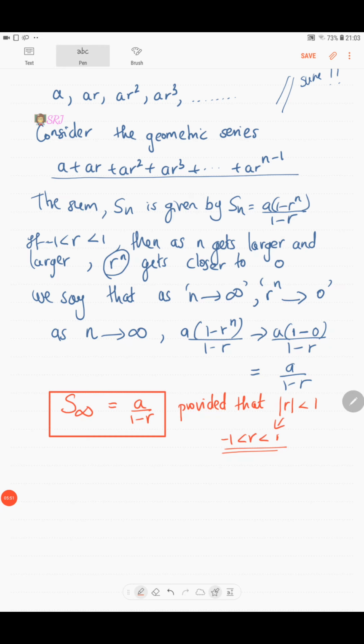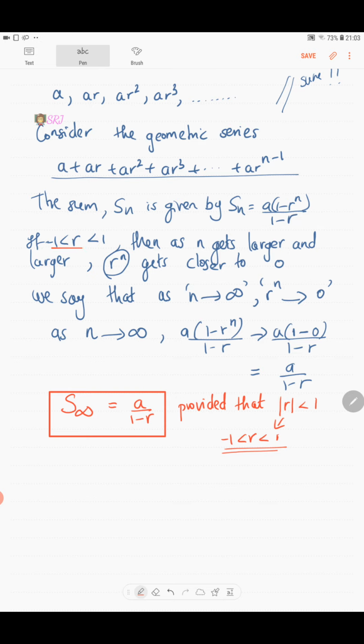So I'll explain again. We obtain sum to infinity, this formula, from the formula of Sn. That is a formula for the sum of first n terms. In the previous lesson, we saw that the formula is a into 1 minus r power n over 1 minus r.